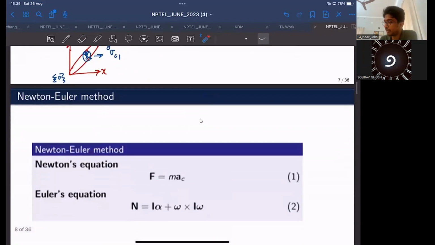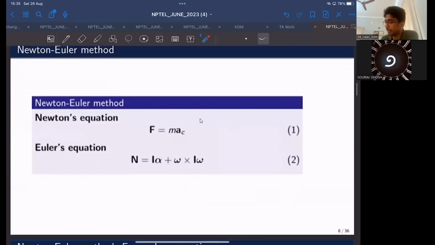So this is where we have the Newton-Euler equations of motion. As the number of rigid bodies increases, using the Newton-Euler method to derive the equations of motion of a robotic manipulator becomes even more convenient, because we are employing a recursive scheme.